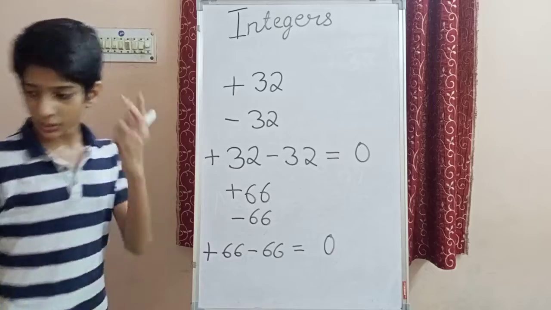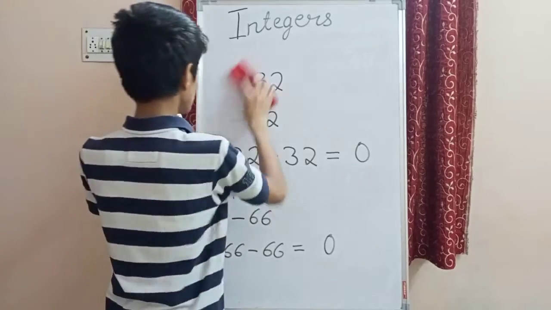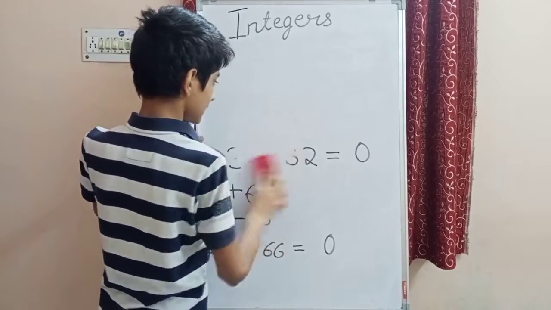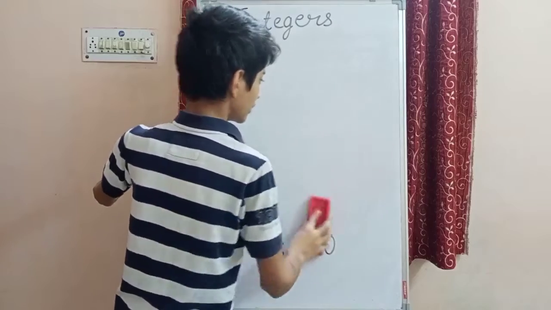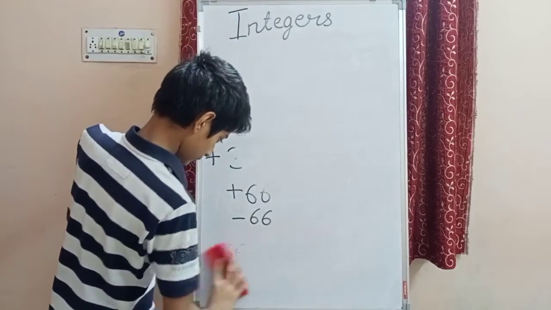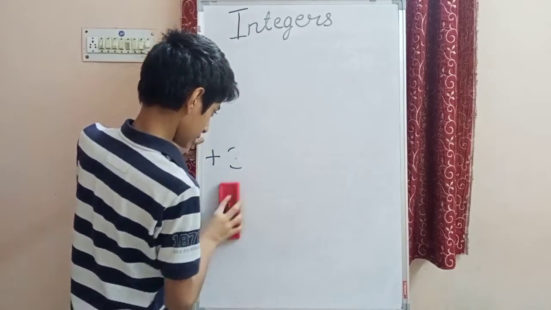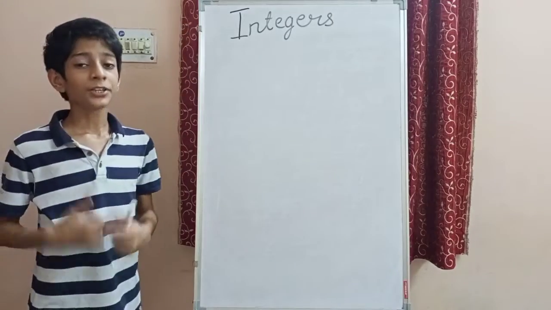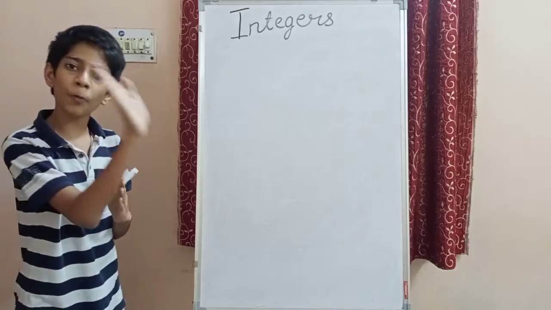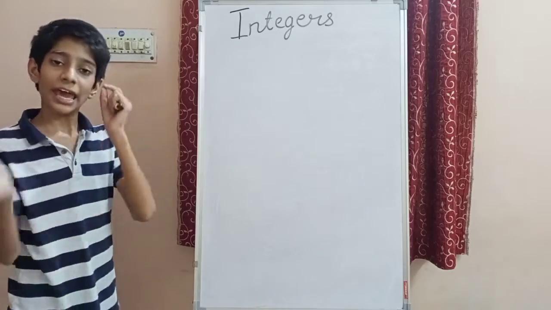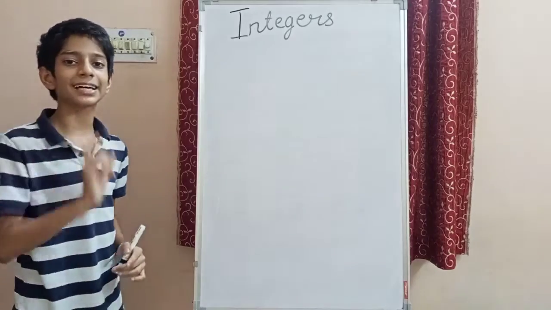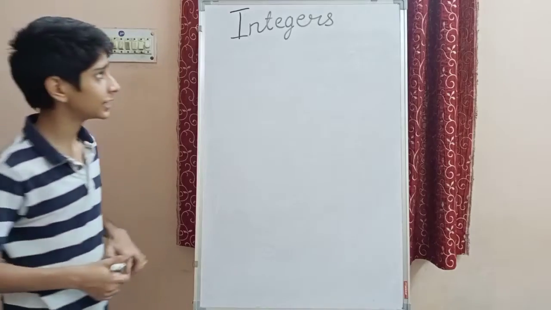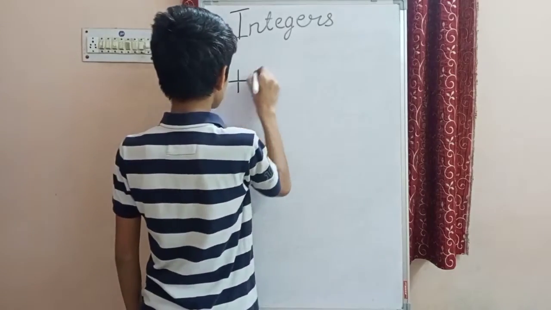Now I will tell you the third rule. The third rule is that every positive integer is greater than every negative integer. Like we take as an example plus 1.